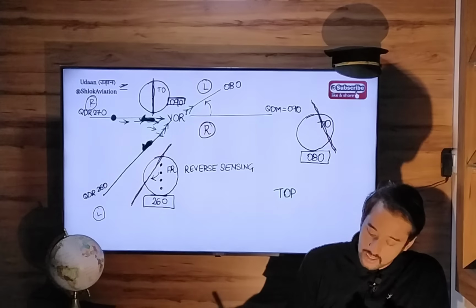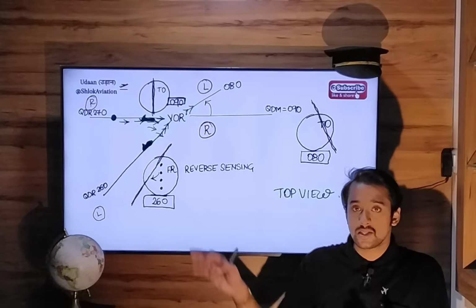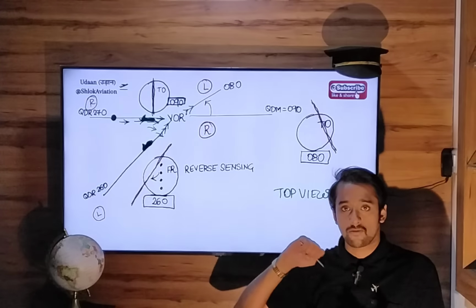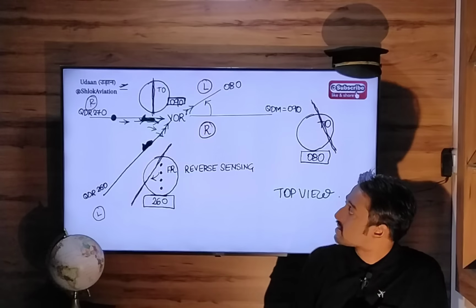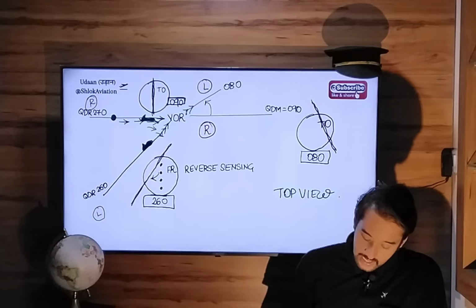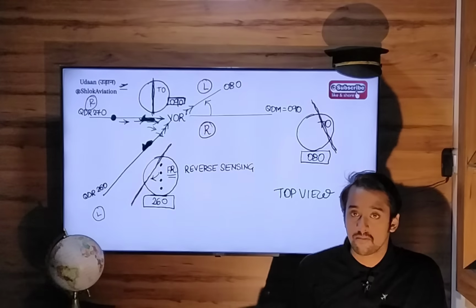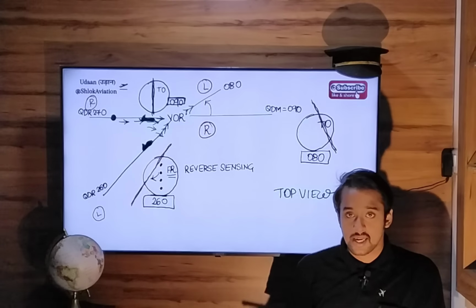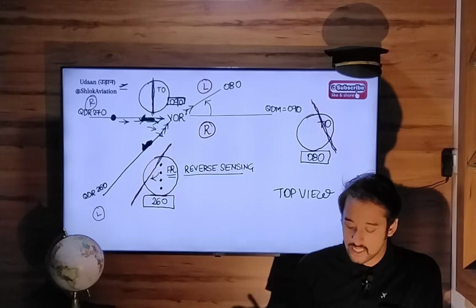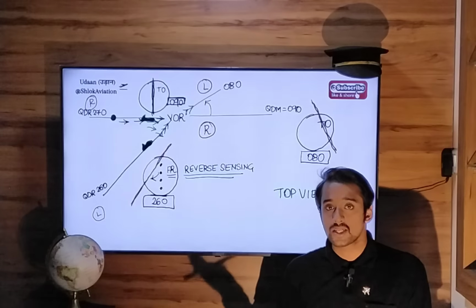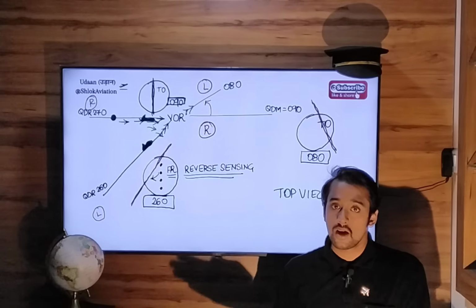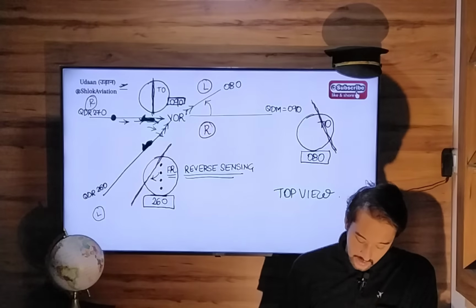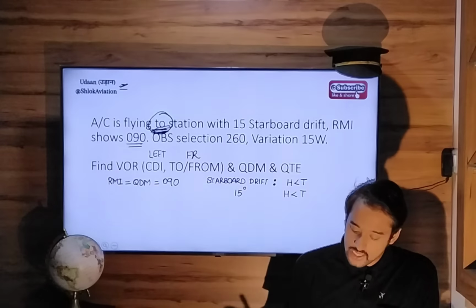That means you are looking at all this scene from the top, from the north pole. Okay, and this is how it will look. So it is first a FROM indication given by the CDI, left indication, and then this will be a reverse sensing, because you are going towards the station but the inputs that you have given in the OBS are for outbound setting.